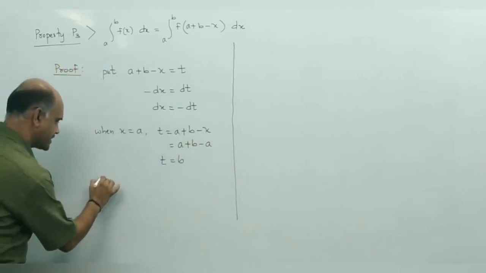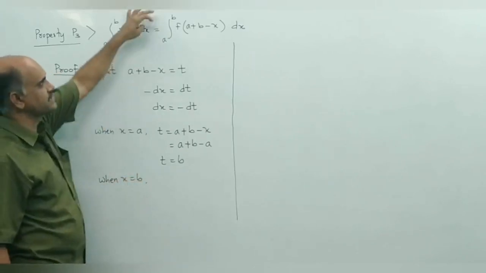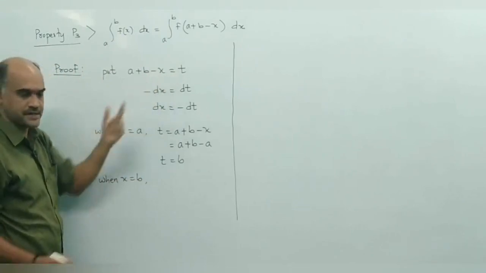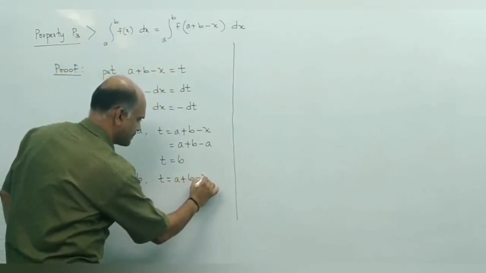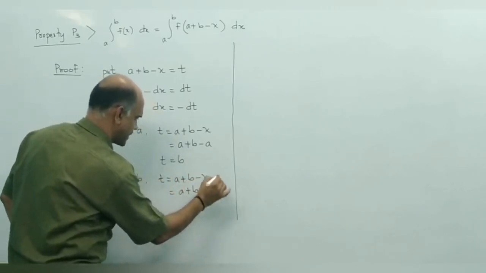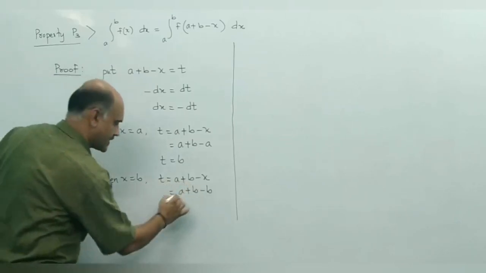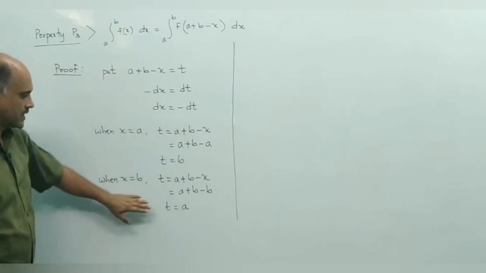When x is equal to b, the upper limit, again substitute in this expression. You have t is equal to a plus b minus x, a plus b minus b. So b gets cancelled, you will get t is equal to a.